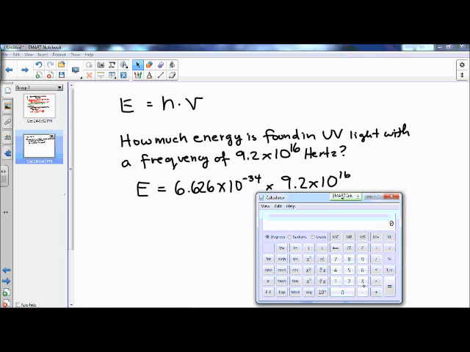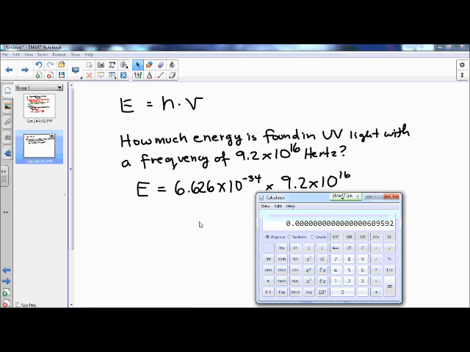Alright, so 6.626 times 10 to the negative 34 multiplied by 9.2 to the 16th power is... this calculator unfortunately doesn't give scientific notation terribly well, so I'm going to have to count. 1, 2, 3, 4, 5, 6, 17.